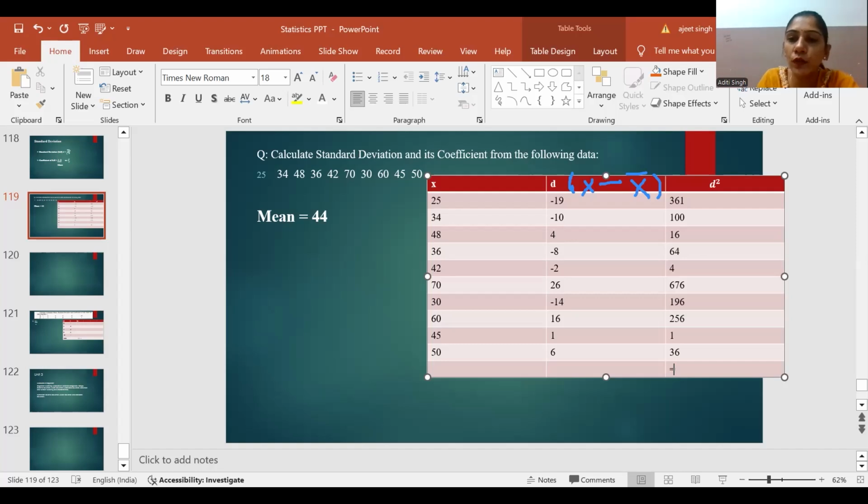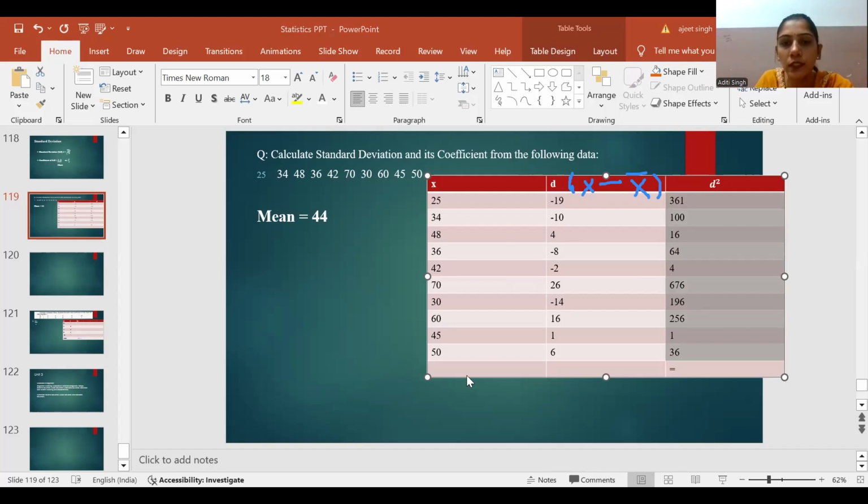Now what we have to do? We have to do the sum of d square, so we have to do the total. We have to add all these values of d square, so that we can get the value of sum of d square, sigma or summation d square.